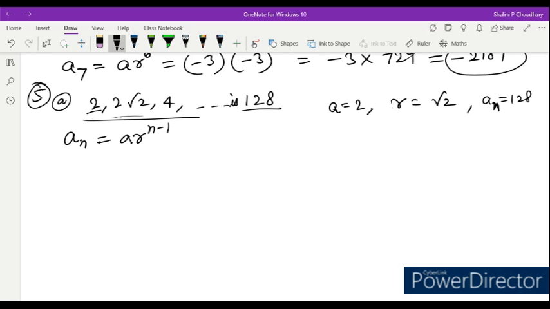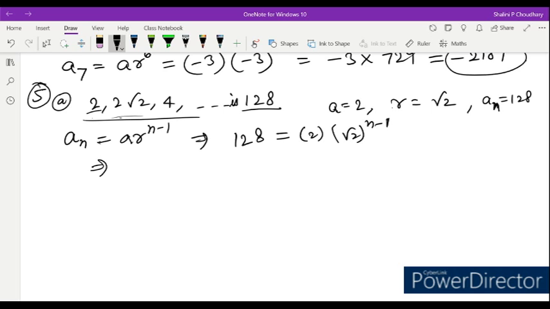So which term is 128 we have to find out. So it is 128, and that should be equal to a is 2 and r is root 2 to the power n minus 1.